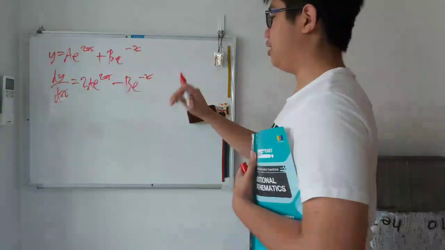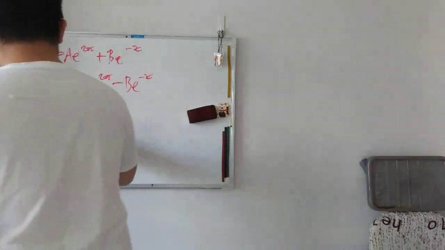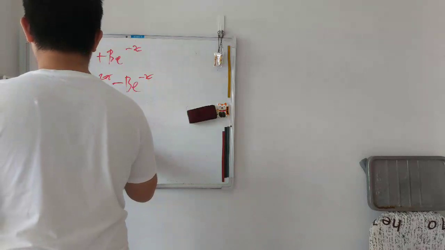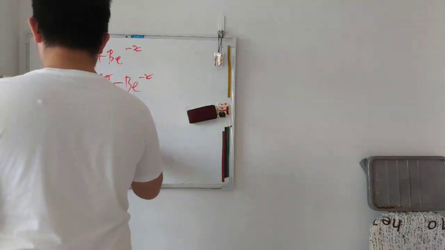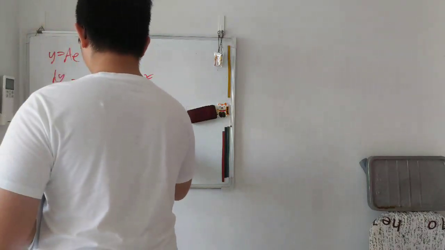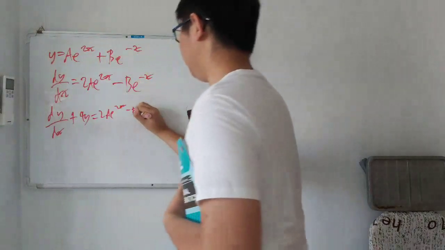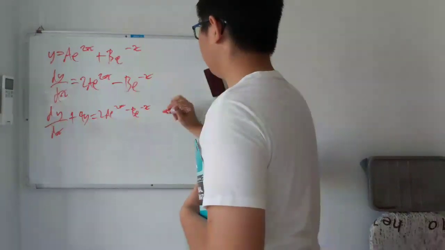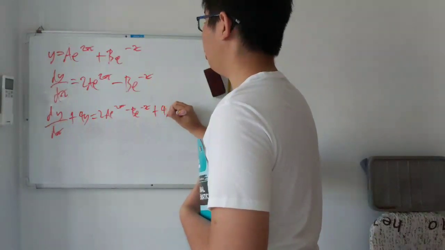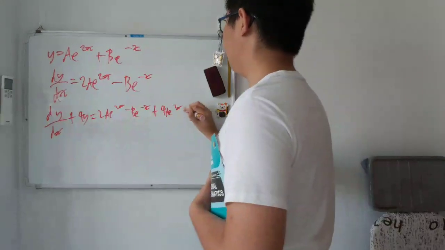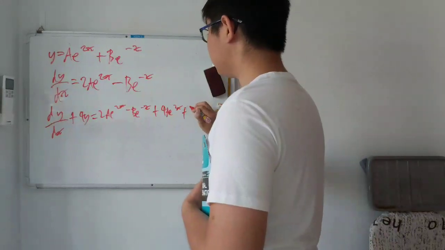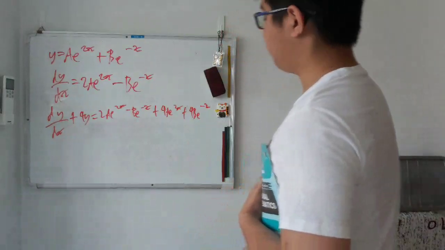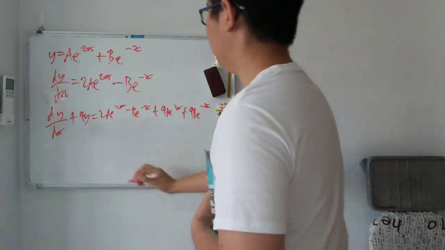Now we will have to find dy/dx plus 4y in terms of x. 4 times this, so this will be equal to 2a e^(2x) minus b e^(-x) plus 4a e^(2x) plus 4b e^(-x).